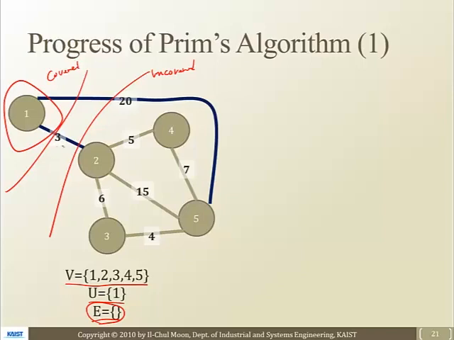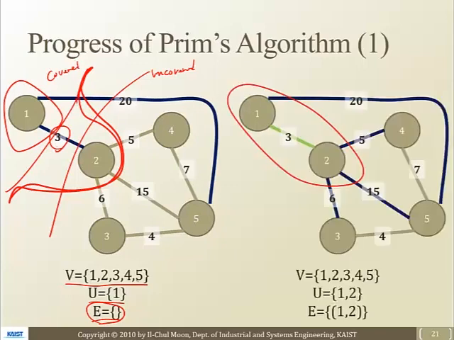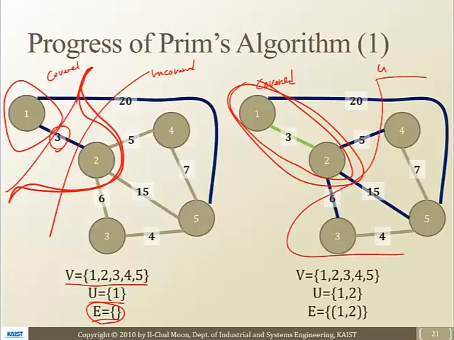We want to find the minimum cost and put that connected node inside the covered nodes. So we include 2 here. We put 2 in the covered nodes, and all the other nodes are uncovered. The selected edge is stored here, and it's going to be 1, 2.